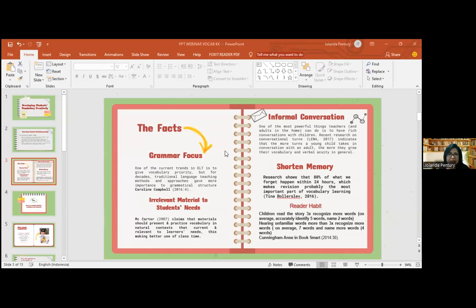I can find it. On the bars, like home, insert, design, transition. Yeah, that one. Is it already shown, Pak Dadan? No. Can you share for me?